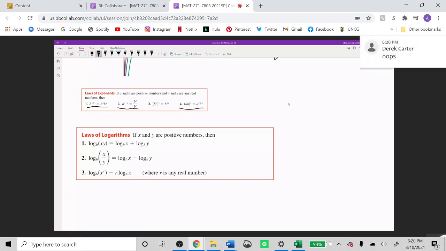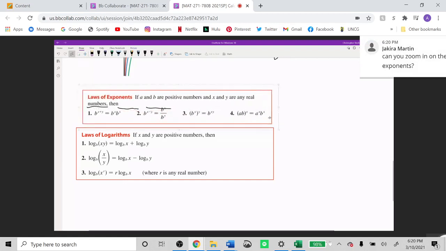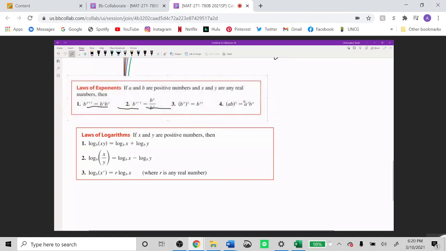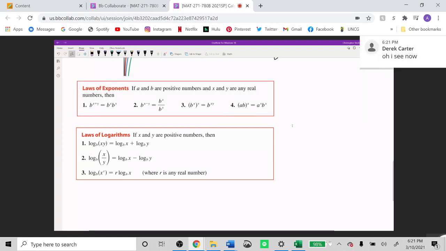When you raise an exponent to an exponent, you multiply the exponents. So this correspondence between exponentiation and multiplication, I think this one here. I think probably 3. Yeah, I'll just make this larger. Boom. Does that work? There we go.